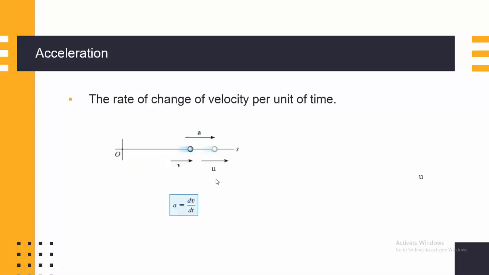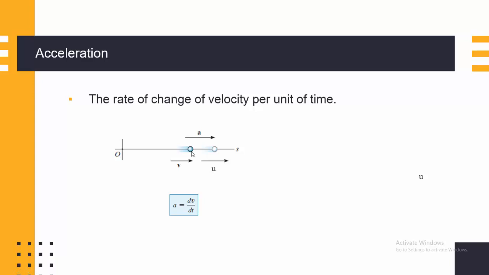Next is acceleration. Acceleration is the rate of change of velocity with respect to time. At the initial position, the particle has a velocity of u, and at the final position, the particle has a velocity of v. In between these two positions, its velocity has changed. We can consider that its velocity increases.